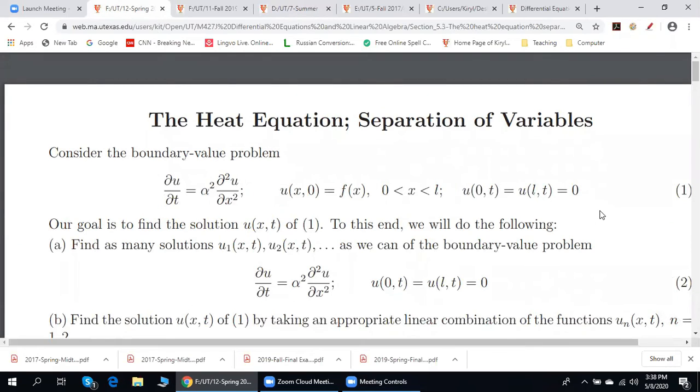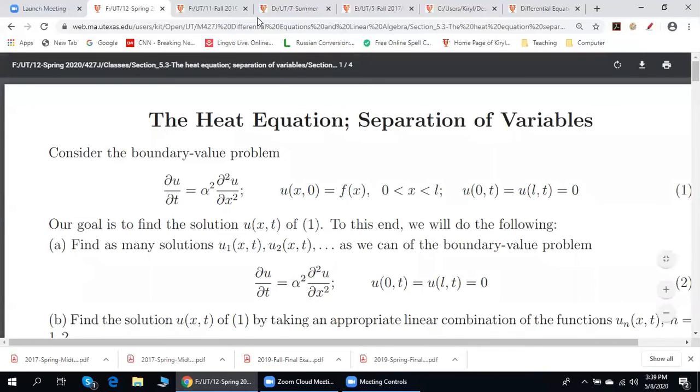In this particular example, we need only an infinite series on sines. But in other applications or other theoretical questions, we might need a series on cosines only. Does this make sense? Yes, thank you.